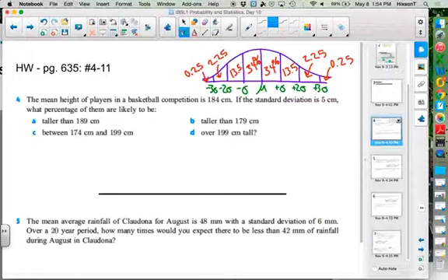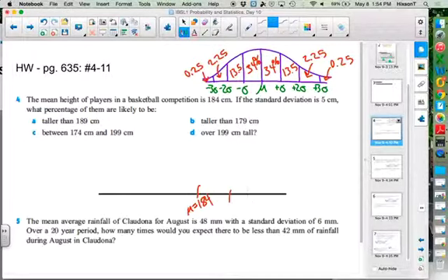So now, when we approach a problem like number 4, first of all, make a real quick sketch of your situation. Our mean is 184, and the standard deviation is 5.